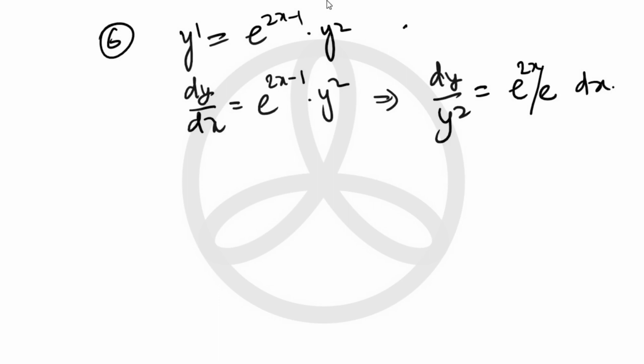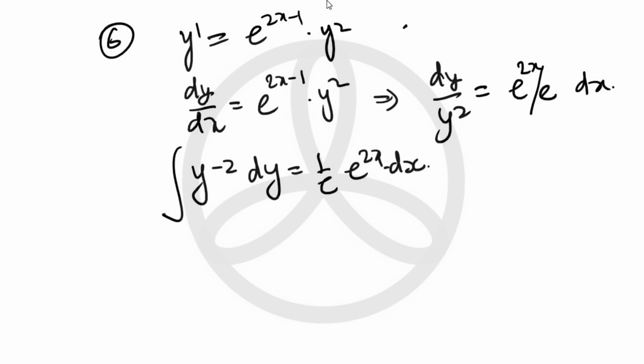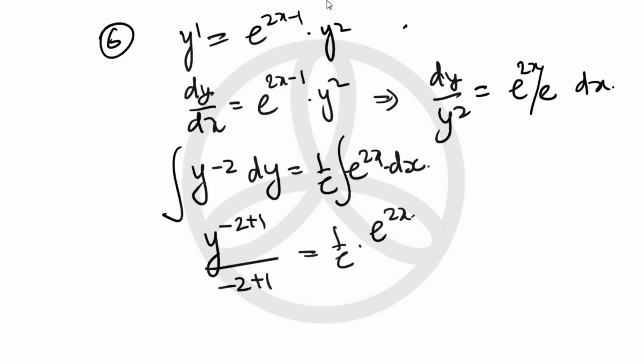We have now y to the power minus 2 dy is equal to 1 by e times e to the power 2x dx, and the moment we integrate both the sides, here we will get, as per the formula, y to the power (minus 2 plus 1) divided by (minus 2 plus 1). This will be, and this will be e to the power 2x divided by 2 plus a constant of integration c, and this will give us minus 1 by y is equal to half e to the power (2x minus 1) plus c.